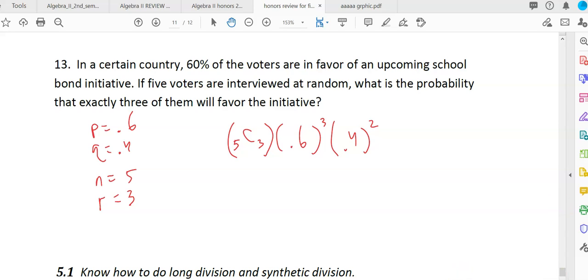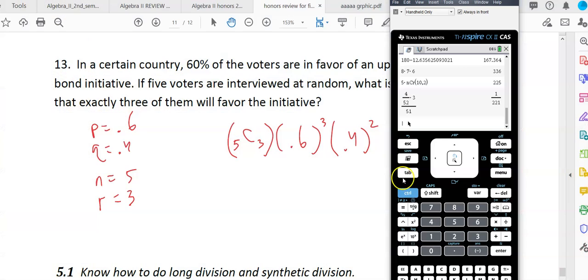I think I just typed that in my calculator at that point. nCr 5, comma 3 times 0.6 to the third times 0.4 to the second. 0.3456.